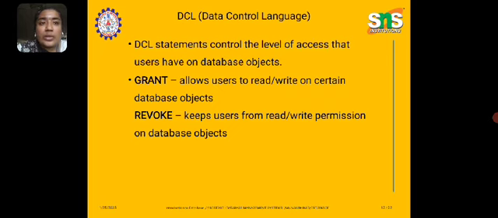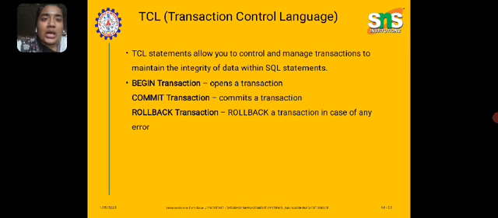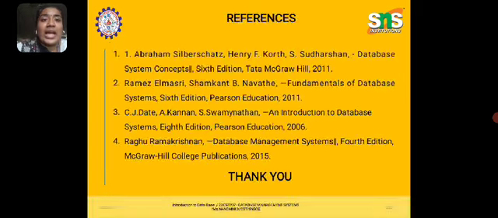Grant allows users to read and write on certain database objects, and revoke keeps users from read or write permission on database objects. TCL commands are used to control and manage transactions to maintain the integrity of data within SQL statements. Begin transaction opens a transaction, and commit transaction commits a transaction. The rollback transaction is used to roll back a transaction in case of any errors.